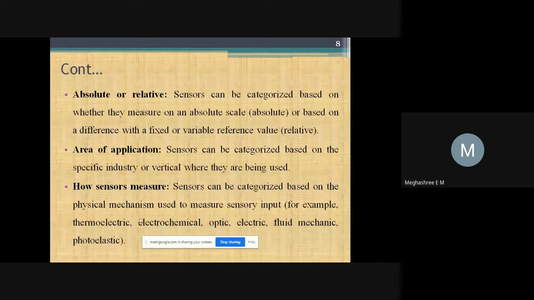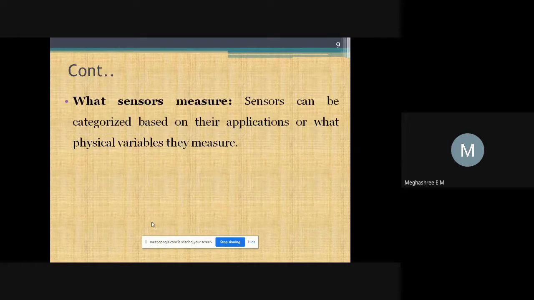So with respect to that mechanism, sensors are deployed, right? So that comes under this category. And next is what sensors measure, right? So here it is based on their application or what physical variables they measure. So that comes under what sensors measure.